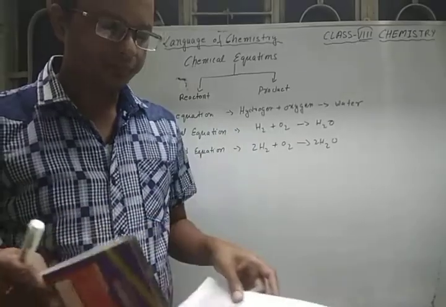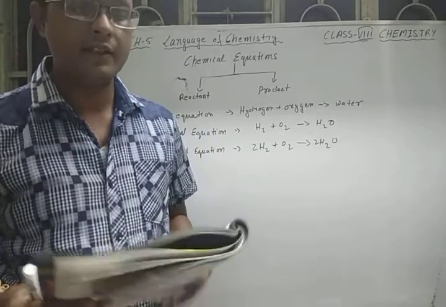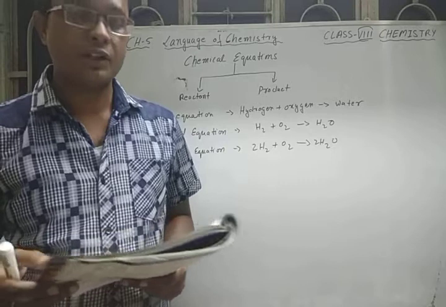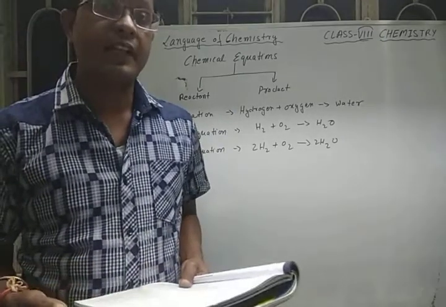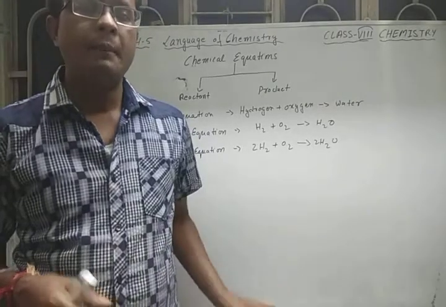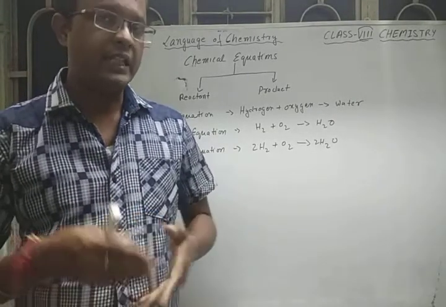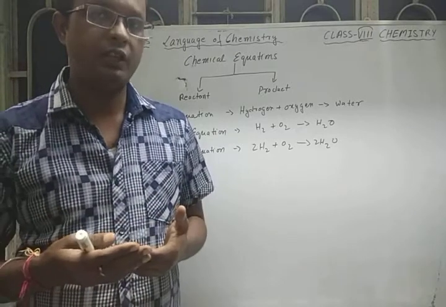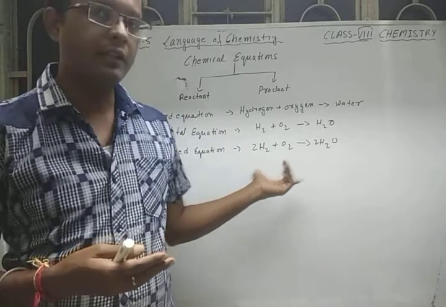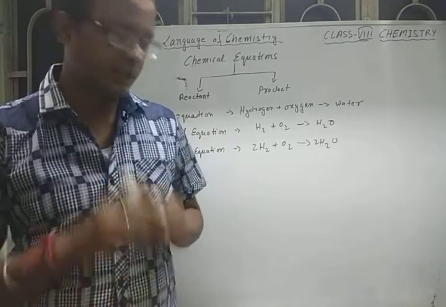The next reason behind balancing a chemical reaction is applying the law of conservation of mass. According to the law of conservation of mass, matter cannot be destroyed, it cannot be created, it can only be transformed. So before reaction and after reaction, the total mass of the substances remains constant.